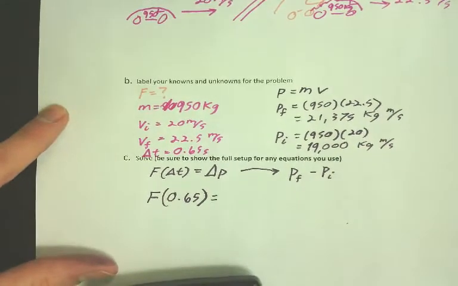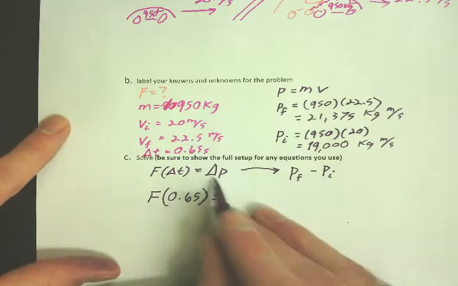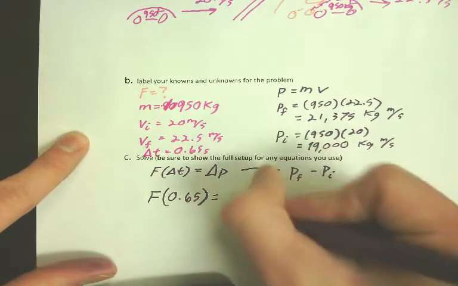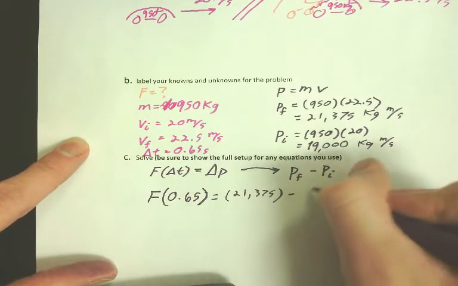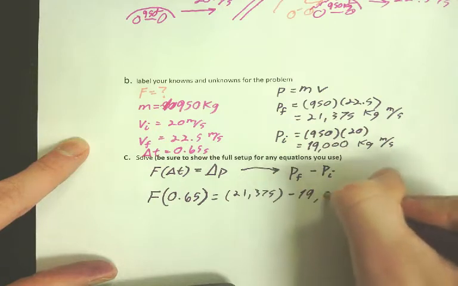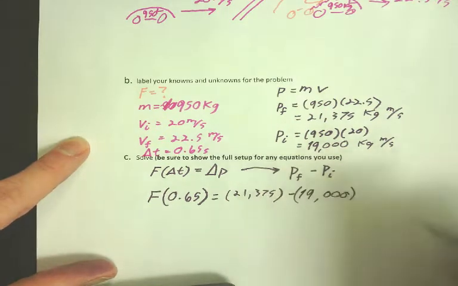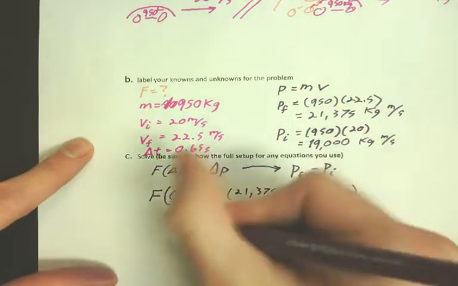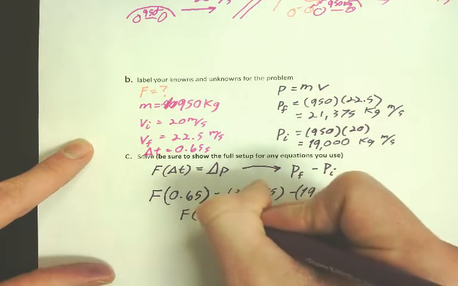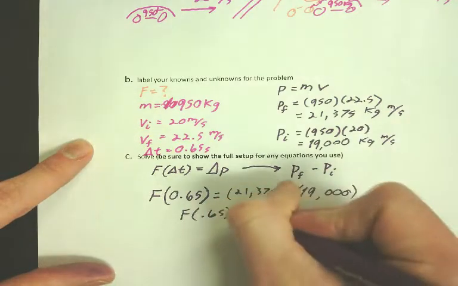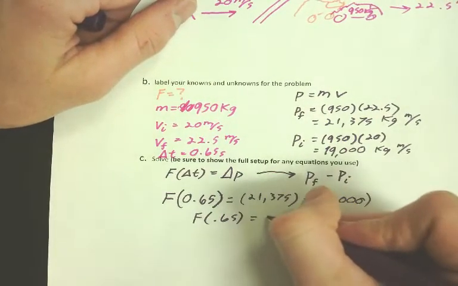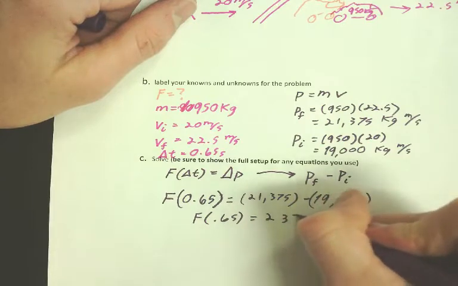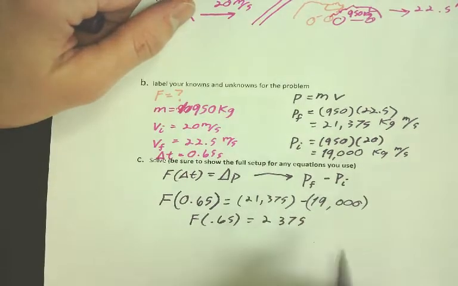So now we're ready to plug those numbers down in here. So delta P is final minus initial. Here's my final, 21,375 minus my initial, which is 19,000. Okay, so F times 0.65 is equal to, so the difference between these two is 2,375, when I subtract the two.